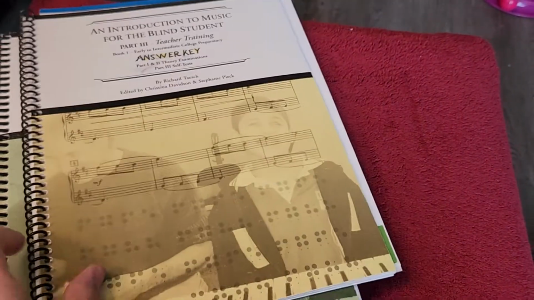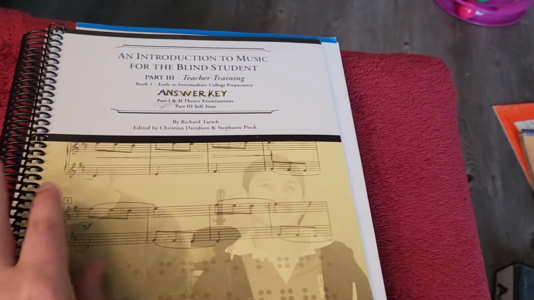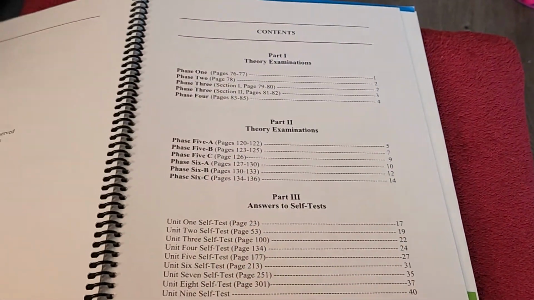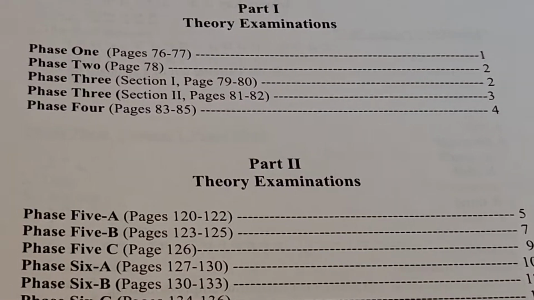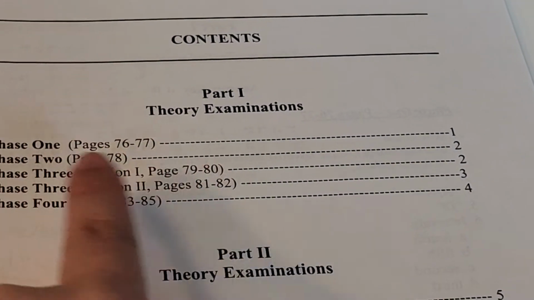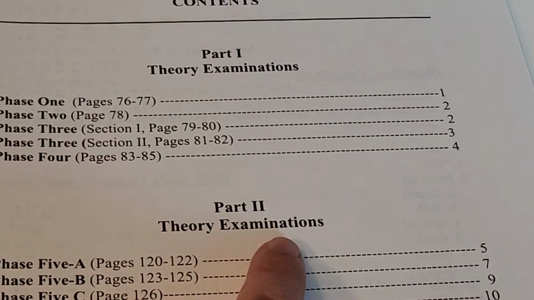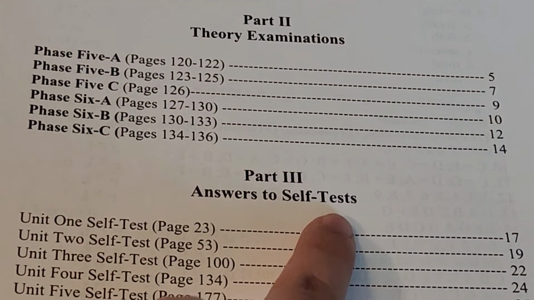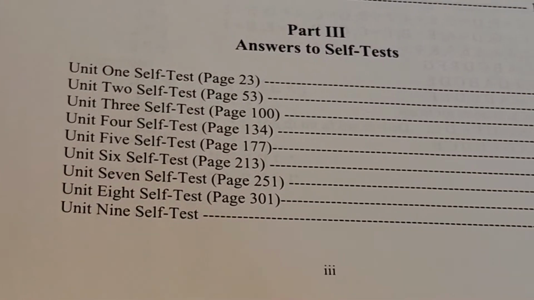So first, we're going to go through the answer key. We're not going to go through all the pages, but we're just going to skim through them. So the table of contents is pretty self-explanatory. You got part 1, theory exams, and then the different phases, and then part 2, theory exams, and the different phases, part 3, answers to self-tests, and the different things there.